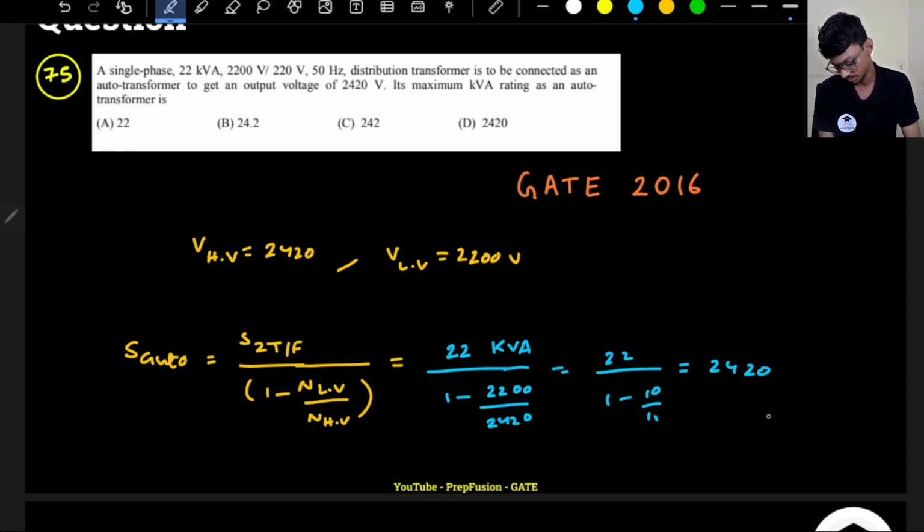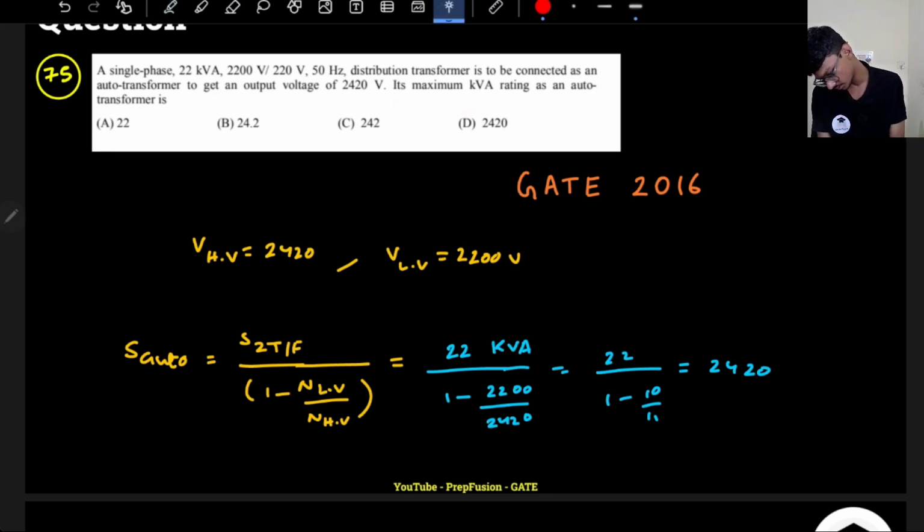Am I correct here? 1 by 11. What are they asking? Its maximum kVA rating will be, just hold on a second. The distribution transformer is to be connected as an auto transformer to get an output voltage of 2420 volts. Its maximum kVA rating as an auto transformer, its output voltage is this value.